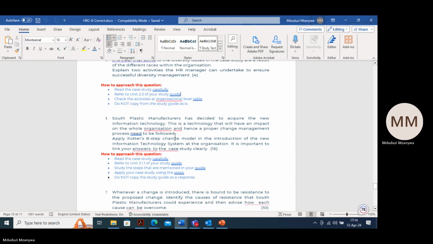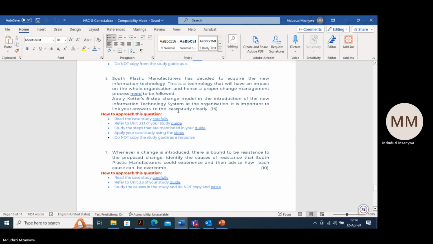And then number 6 speaks to the change model. How would you change? It says that there's a technology that will have an impact on the whole organization. Now that there's new technology and there'll be change that is coming there, using this model, which is the 8-step change model of Kotter, how would you assist in the case study? Meaning you don't go to the study guide and copy and paste it.